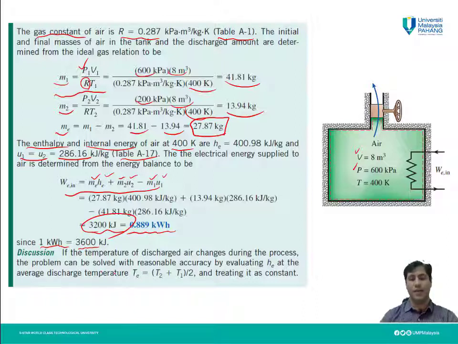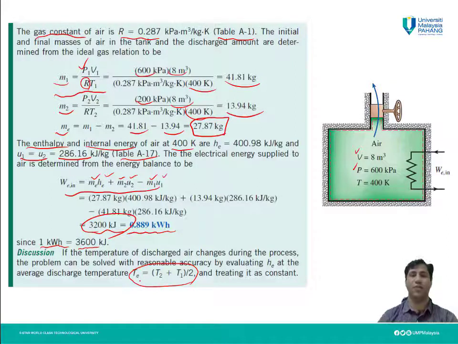And even the temperature, here we assume that the temperature at the exit of the control volume is constant, 400. Even if it was not constant, we could make this simplification, this assumption, to calculate TE as an average temperature for the exit of our control volume, equal to T2 plus T1 divided by 2.